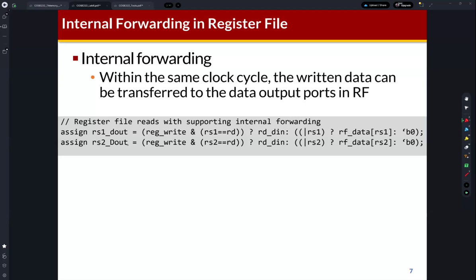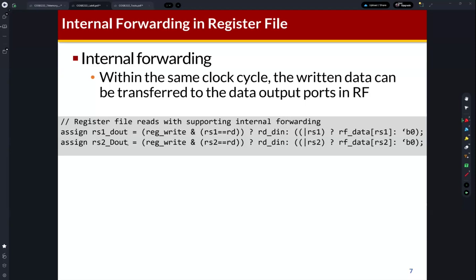But for this lab assignment, you don't need to design the new register file. The new register file is already provided. I just show this code because I want you to understand how the internal forwarding is implemented.